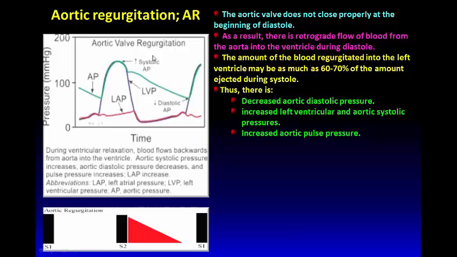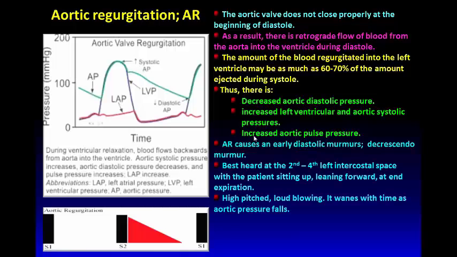So the aortic systolic pressure is increased and the aortic diastolic pressure is lowered in cases of aortic regurgitation, and as a result the pulse pressure is increased, because the pulse pressure is the difference between the systolic pressure and the diastolic pressure.